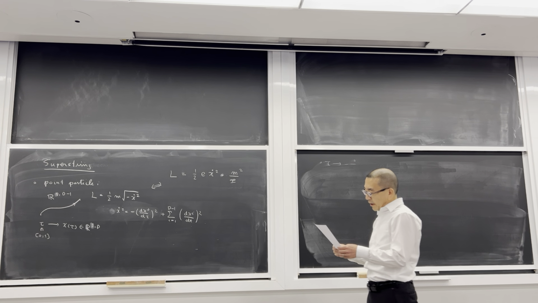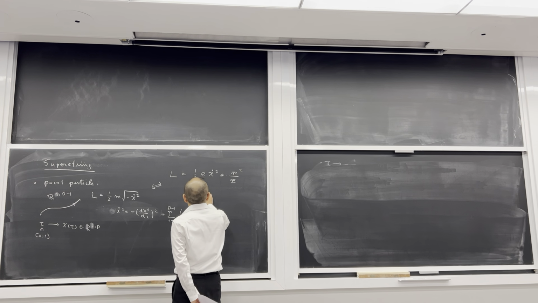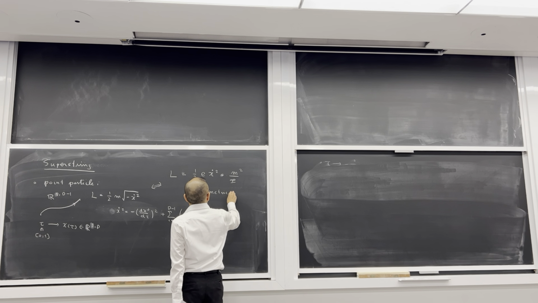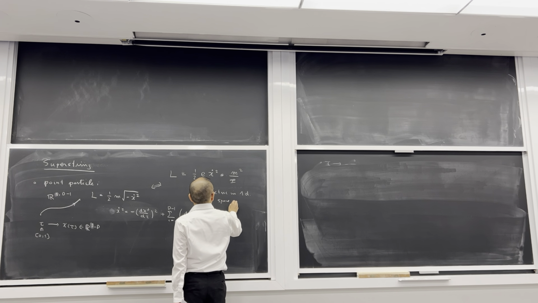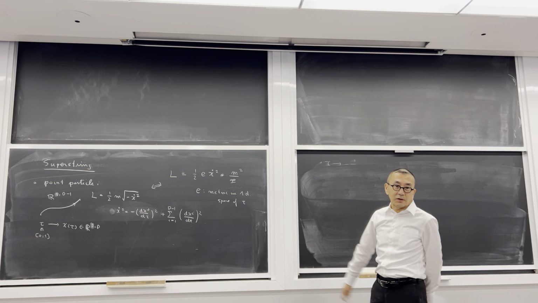So we can also consider this Lagrangian, where e can be thought of as a metric in the one-dimensional space of this world line.